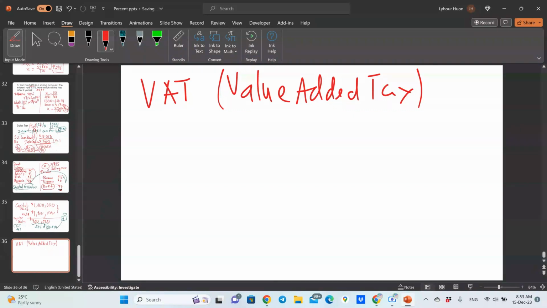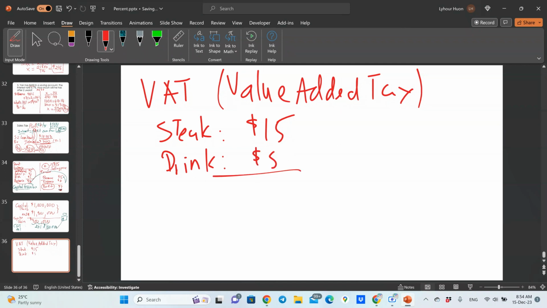Let's say you order a beef steak for $15, and drinks for another $5. So overall, you will spend $20, right?